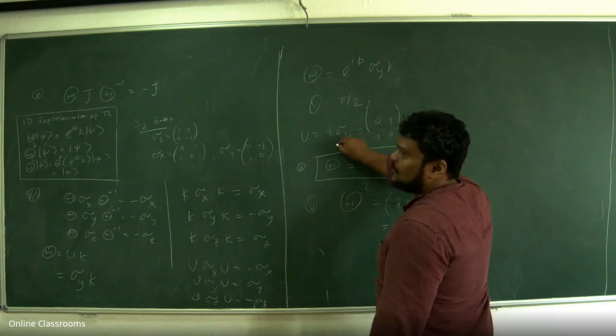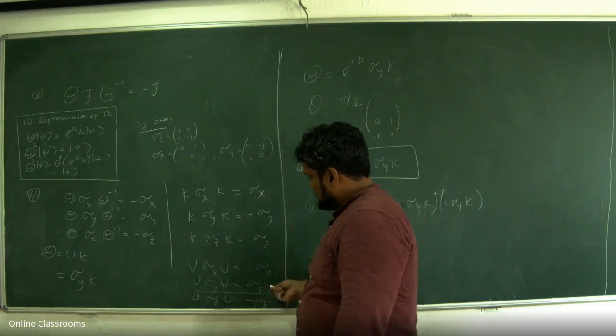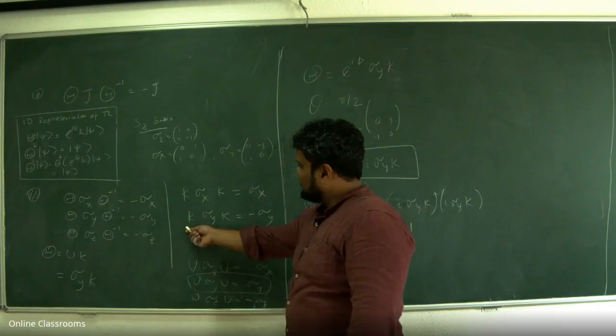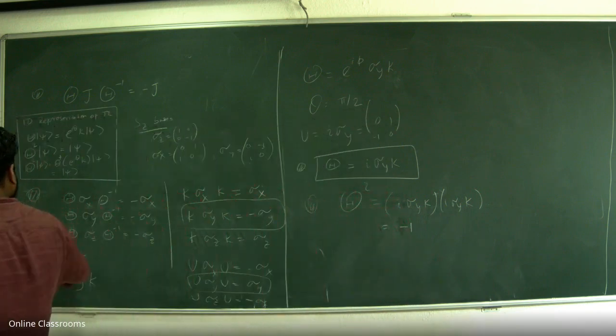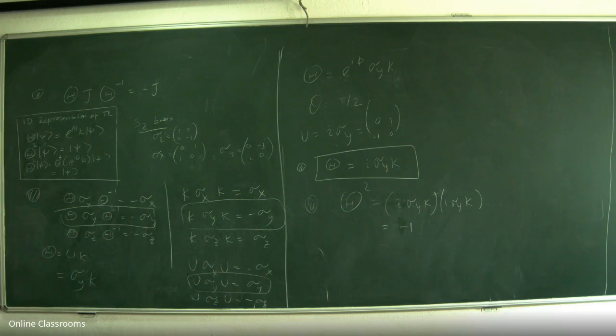Yes, sir, that. So how are we mentioning that U sigma y U will be plus sigma y? Because of this, the K will give a minus sign. So the U cannot give a minus sign, and I want this, right? K already brought the minus sign, right?